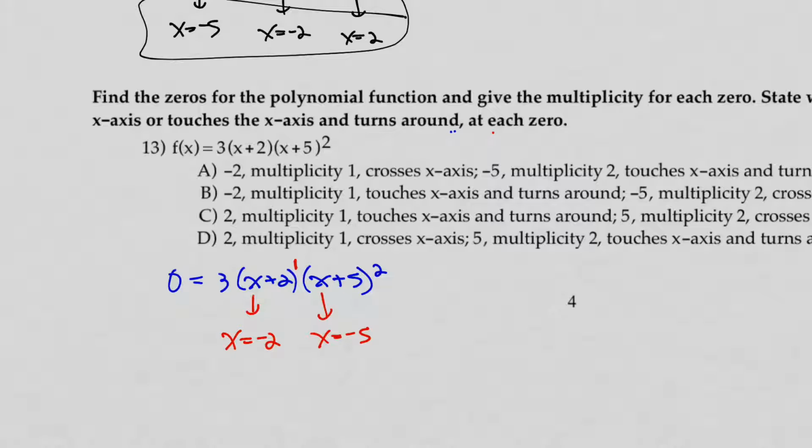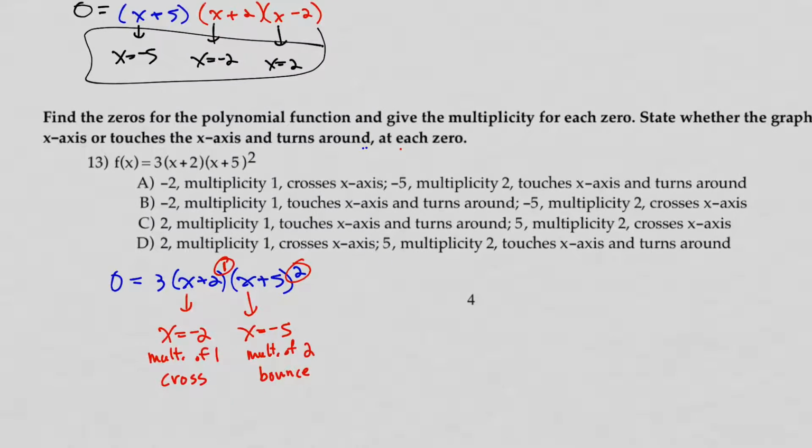And the multiplicity, you look at the power. So this is a multiplicity of 1. And that means it's going to cross. And this one's a multiplicity of 2. And that means it's going to touch and turn, or I like to call bounce.